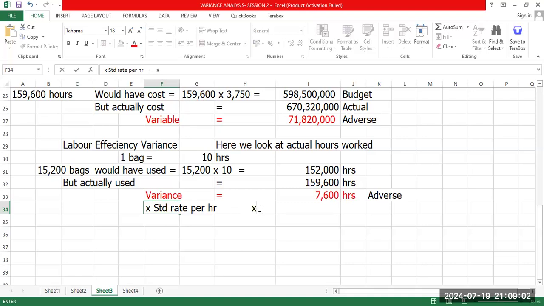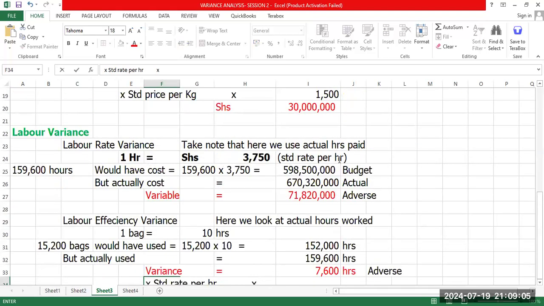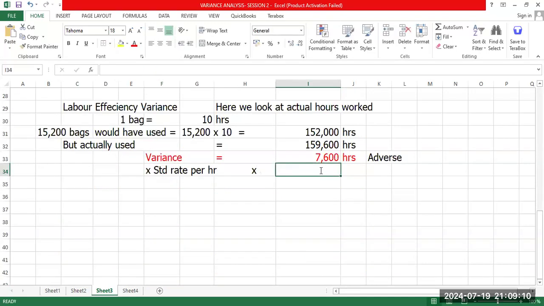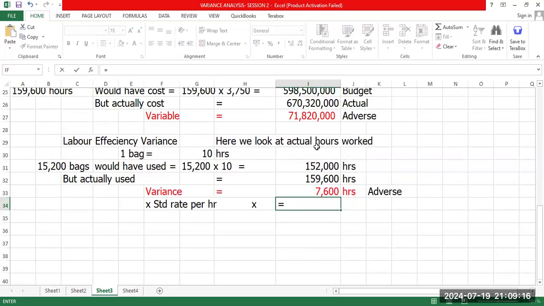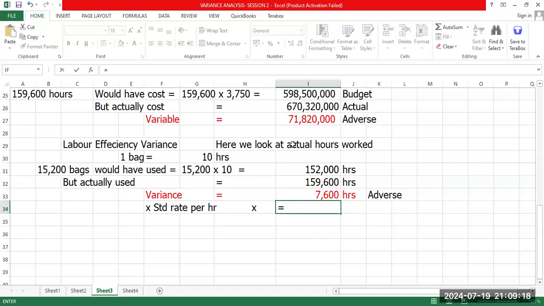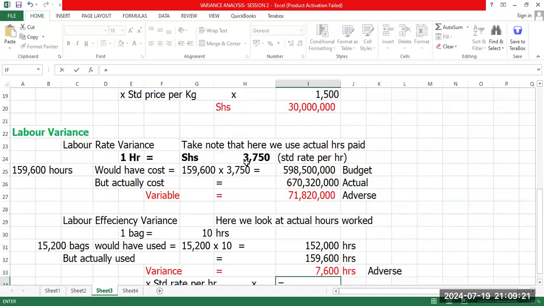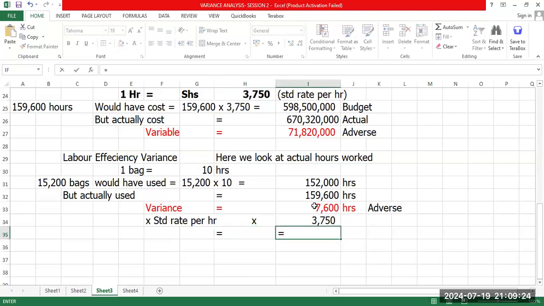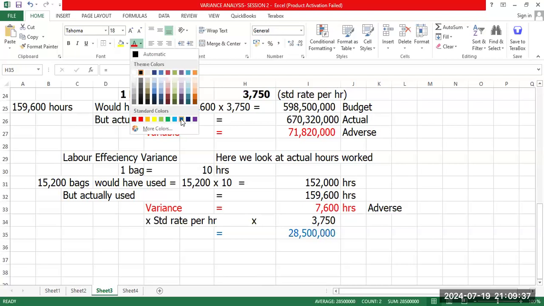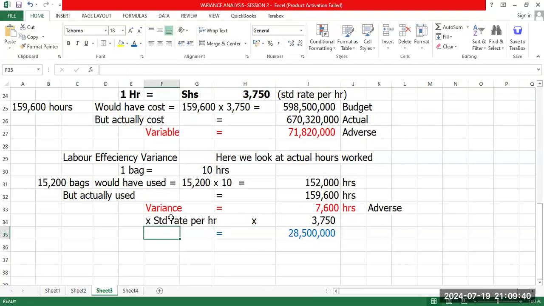We are multiplying by your standard rate per hour, which is 3. And finally, how much do you get? 28,500. That's what you have. So this is our variance that we are going to record.